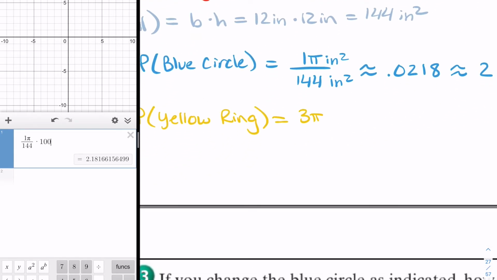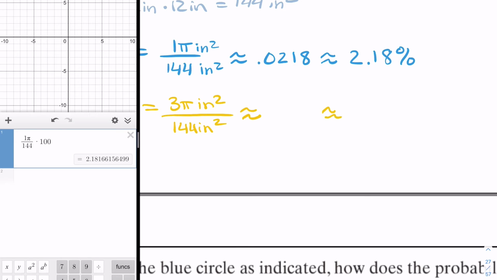So 3 pi inches squared over 144 inches squared, which is approximately, I'm just going to change this 1 to a 3. I already have the work done for me. I'll take the 100 away first. That's 0.0654.